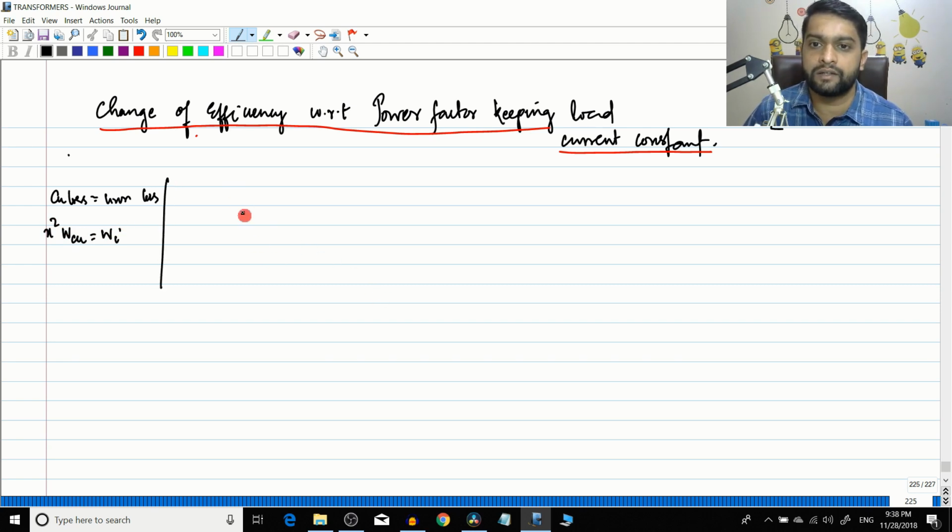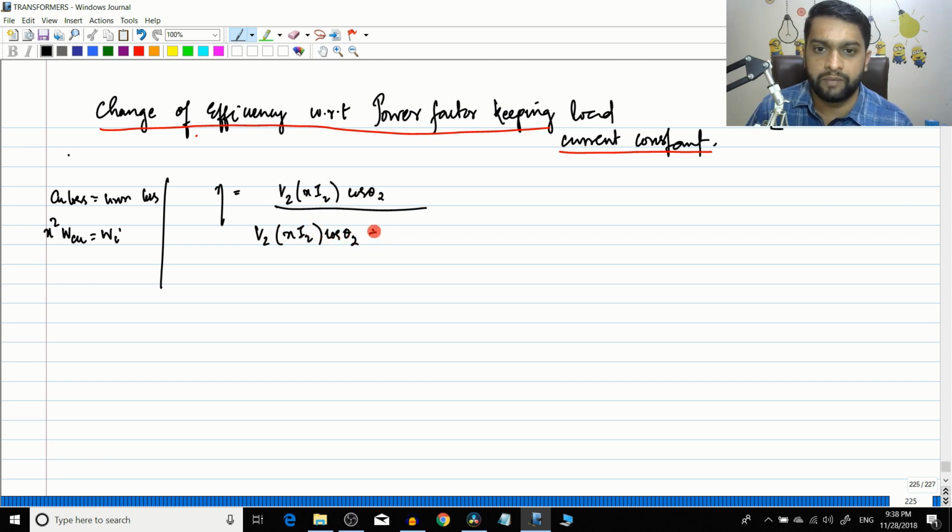So now we can write down the efficiency equation. Efficiency is equal to V2 into xI2 into cos theta 2, divided by V2 into xI2 into cos theta 2 plus (xI2) whole square into Re2 plus W_i. In some cases they might write x outside, x V2 I2. That is also okay, but if you put x and I2 together, you know that is the load current.